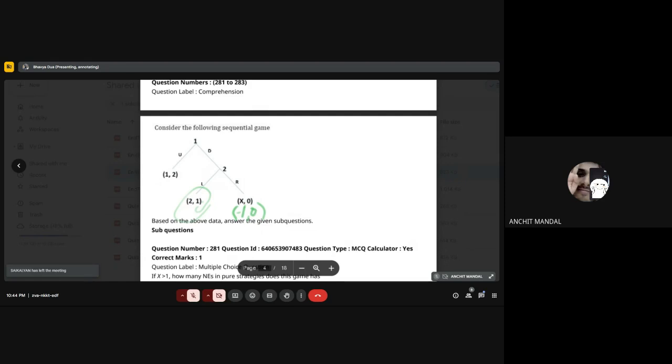I think this could be a case of imperfect information, right? Player 2 doesn't know player 1's payoff, player 1 doesn't know player 2's payoff. No, they do, right? It is a sequential game, right? Ideally, yes, they should know. Player one doesn't know what player two will play, but they know the payoffs, right?